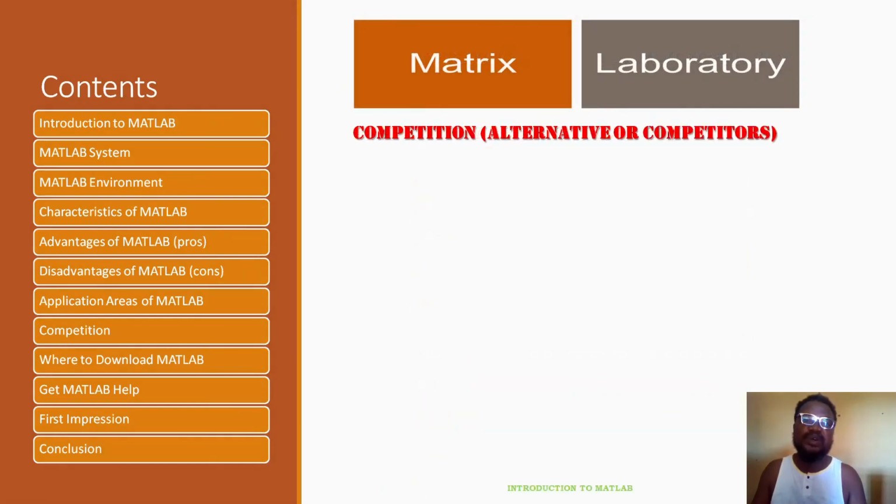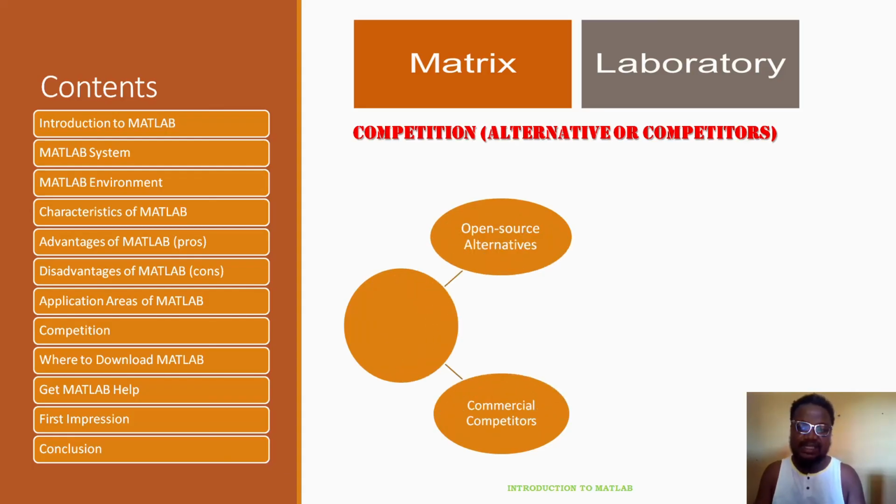Let's go into the competition that we notice in recent times. The alternatives or competitors can be grouped into two categories. One, open source alternatives. Second, commercial competitors.